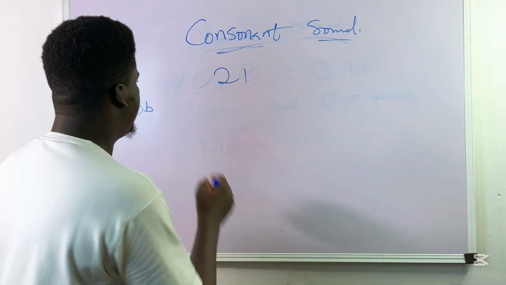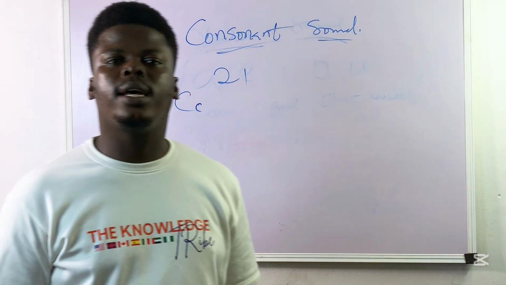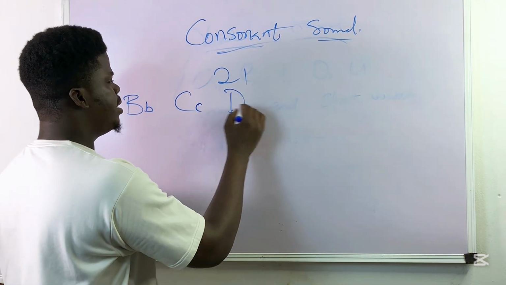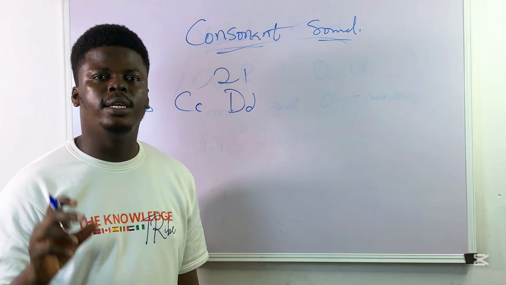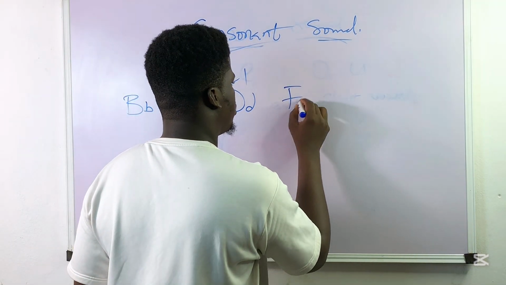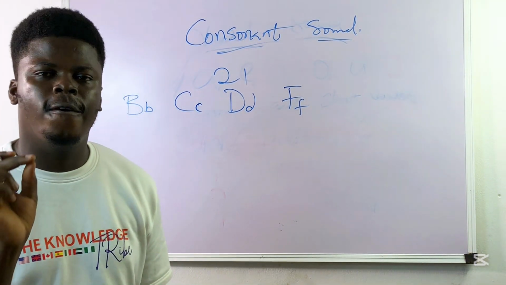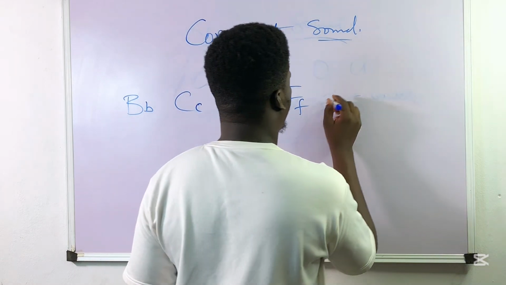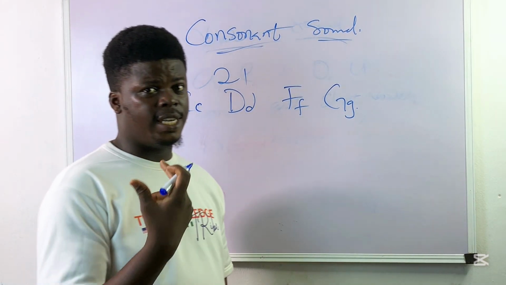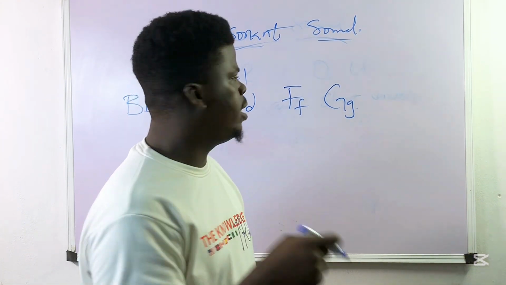B. Fantastic. Here, we are using the tongue to pronounce this. Then this next one is D. Fantastic. The next one, we are using our lips to pronounce it. What did you use to pronounce that sound?